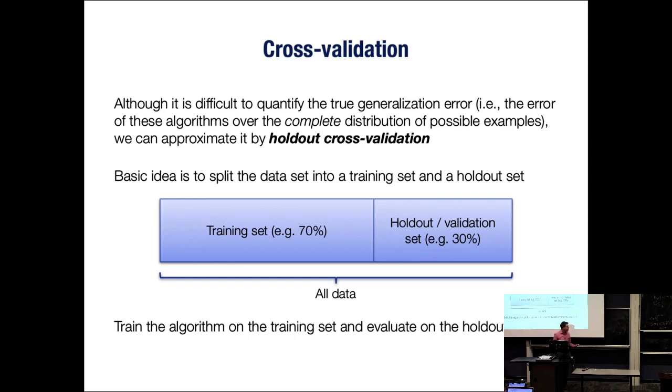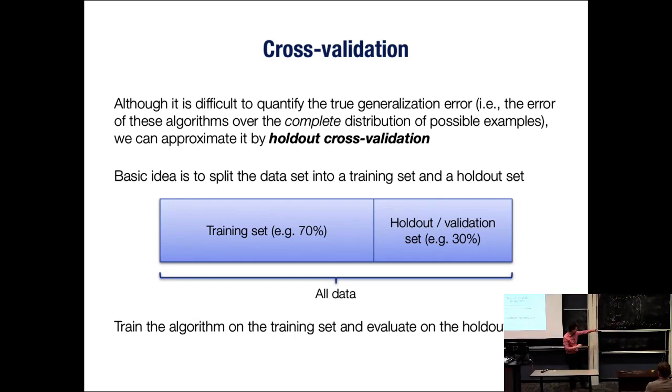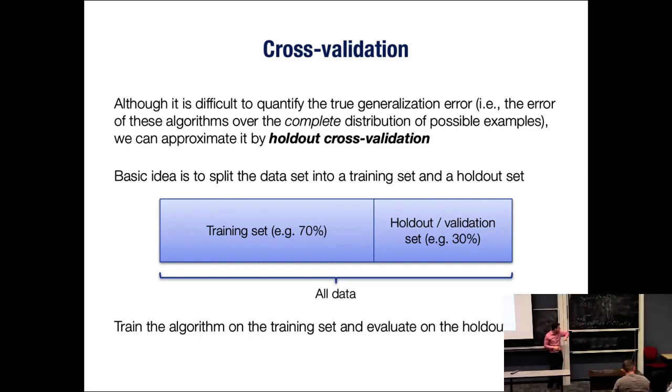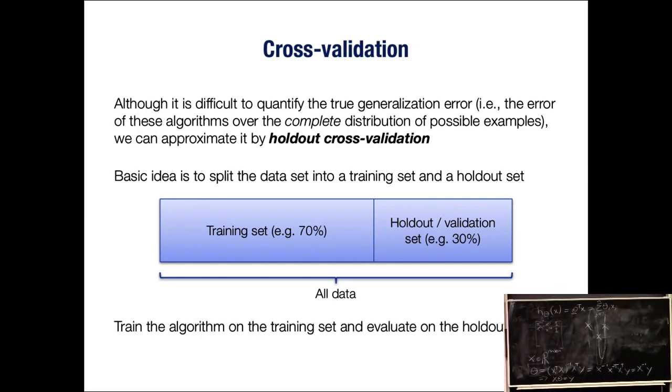So in the case of least squares, for instance, I will compute this equation, i.e. my parameters theta. That's the same whether you use least squares or any other algorithm. I'll compute my parameters that minimize my loss function on the training set. In this case, these x's would only contain the rows corresponding to those examples in the training set.